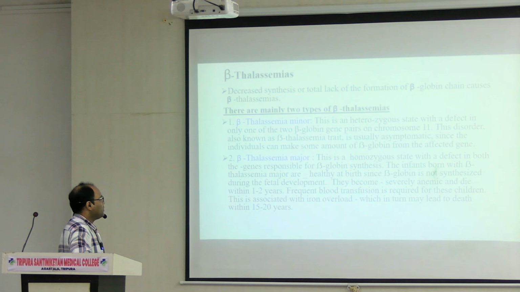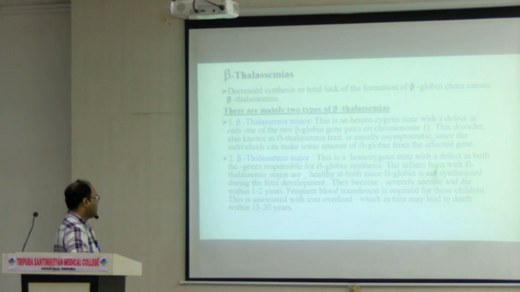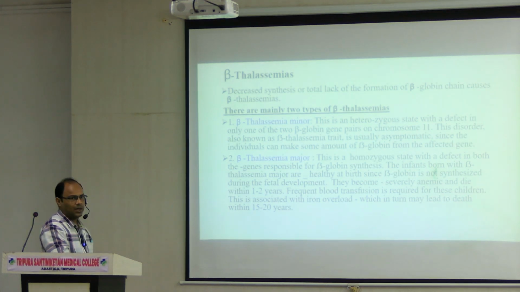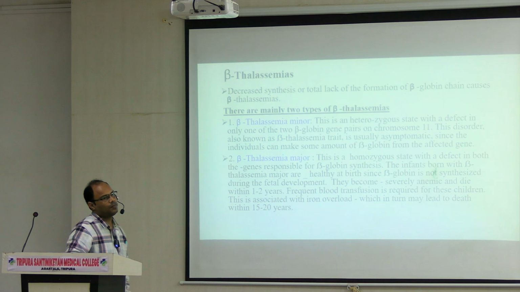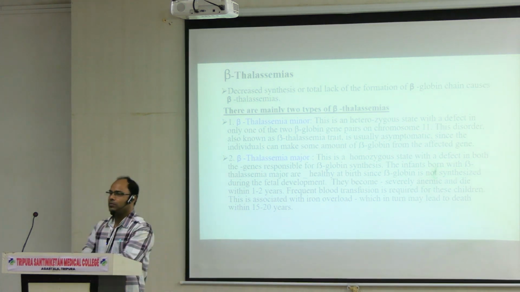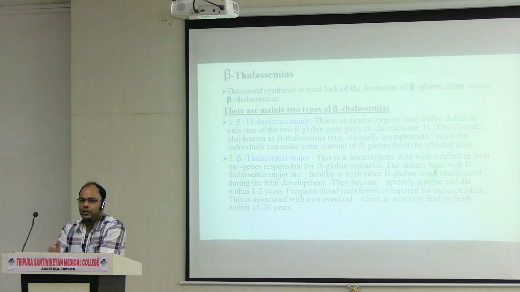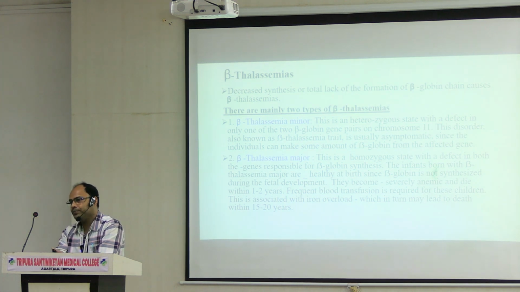In beta thalassemia minor, one chain is deficient or absent, but another chain is there, so compensation is there. Patient has some minor anemia. But in case of beta thalassemia major, both the beta chains are absent, so the patient develops problems as the child grows after birth, when HbF level starts to decline and fetal hemoglobin is supposed to be replaced.